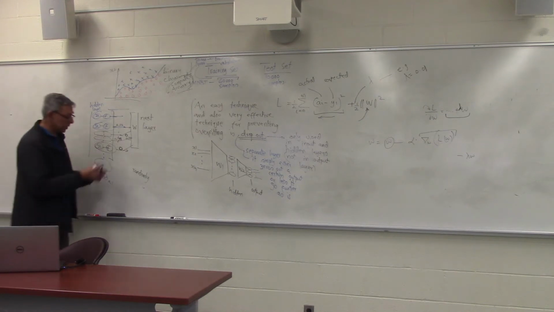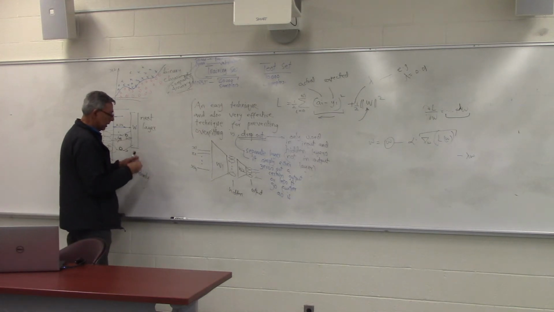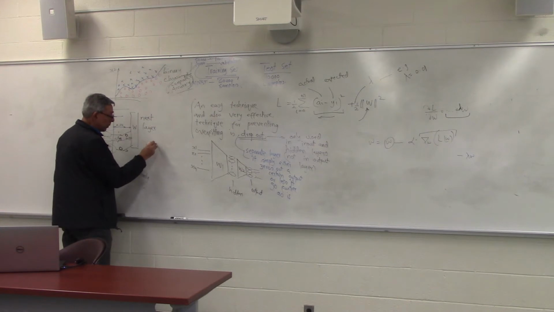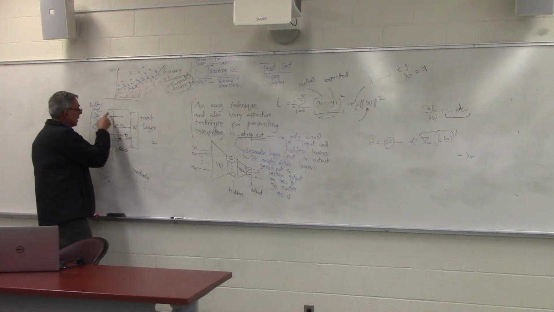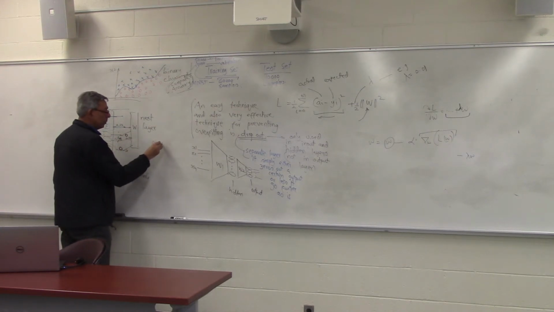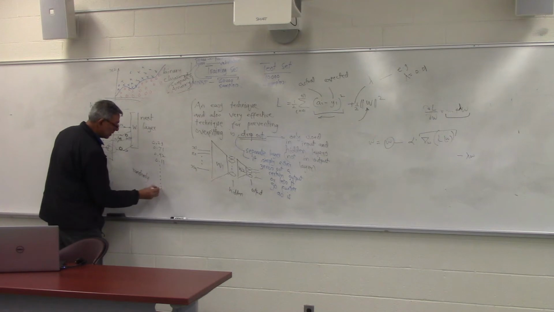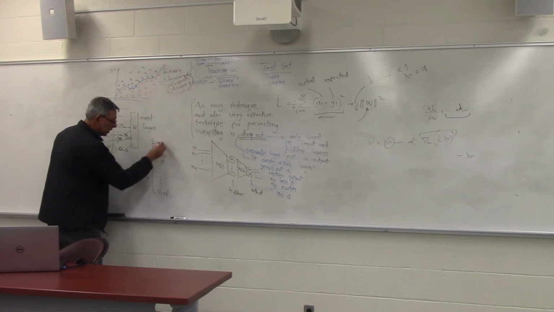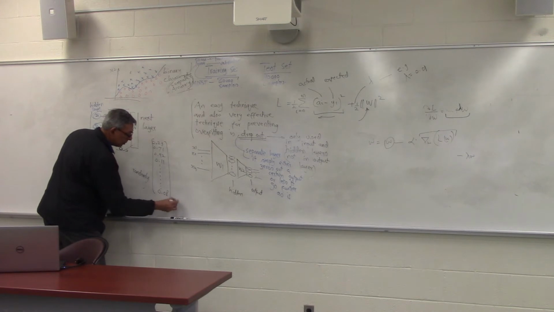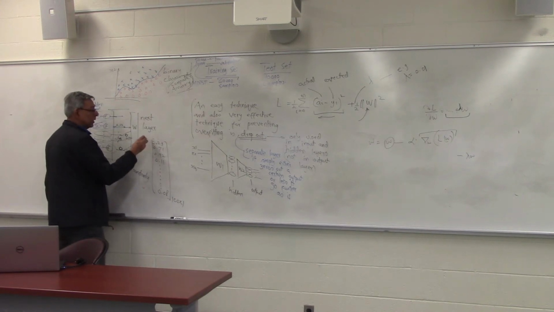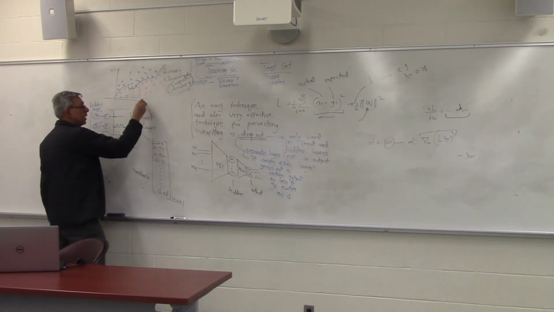So you are given some, let's pretend the output came out to be 0.3, 0.71, 0.92, 0.11, 0.08. Suppose this came out to be 100 by 1. So this is the output of the hidden layer.